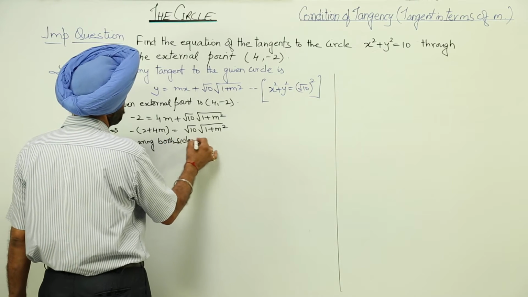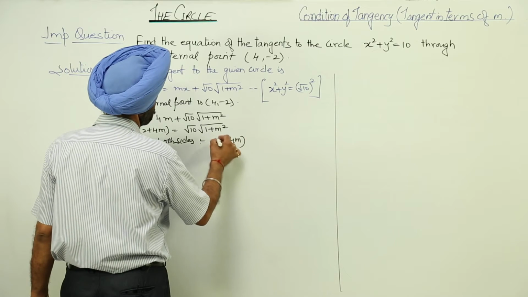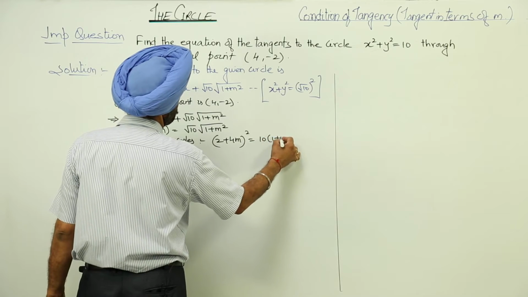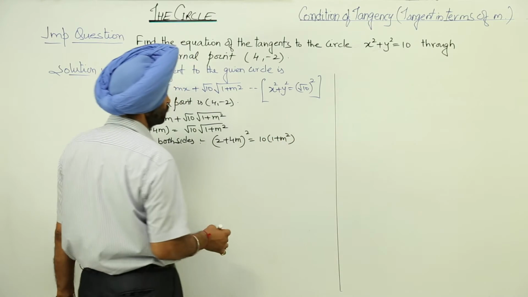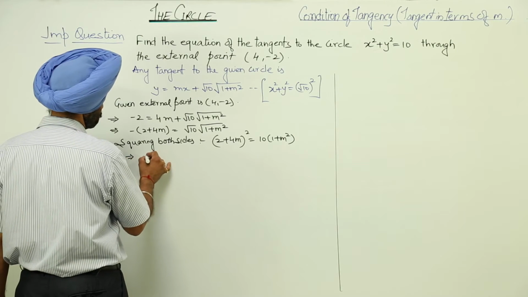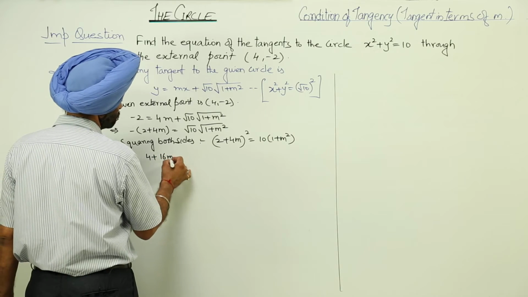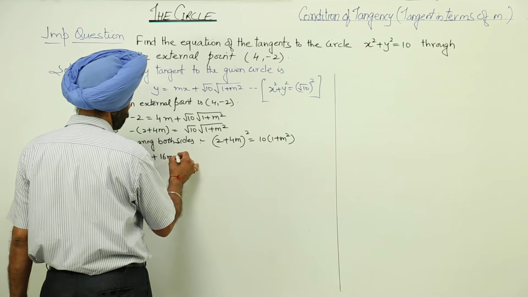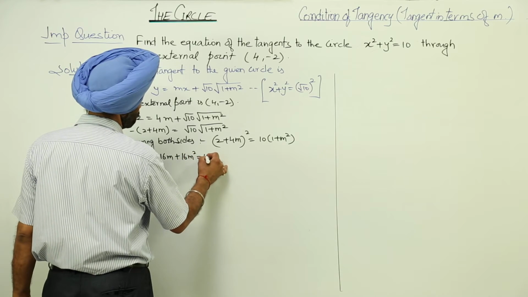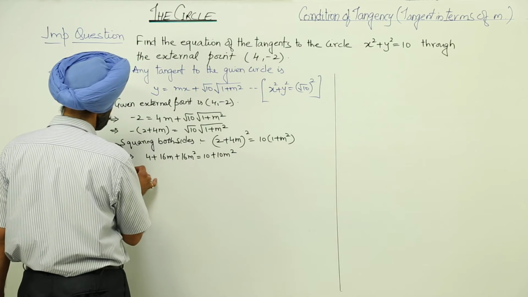Squaring both sides, 2 plus 4m whole square is equal to 10 with 1 plus m square. Now 4 plus 16m plus 16m square is equal to 10 plus 10m square.